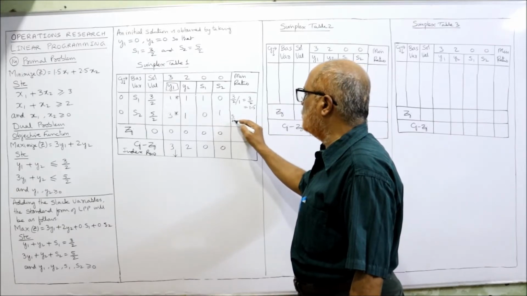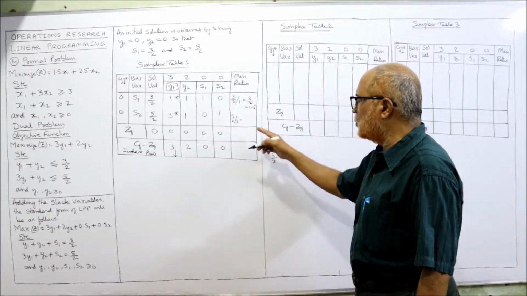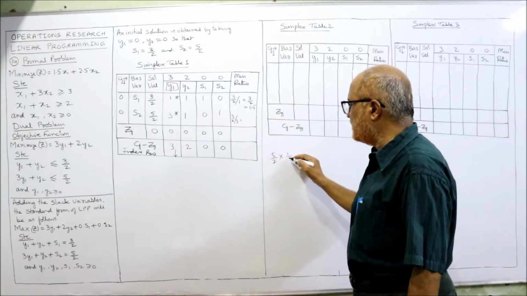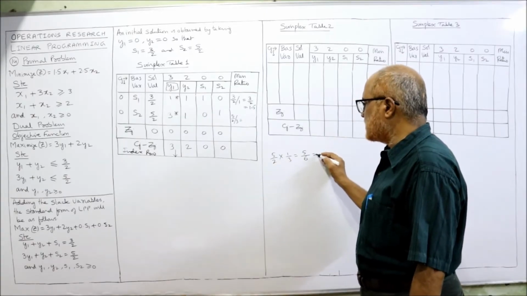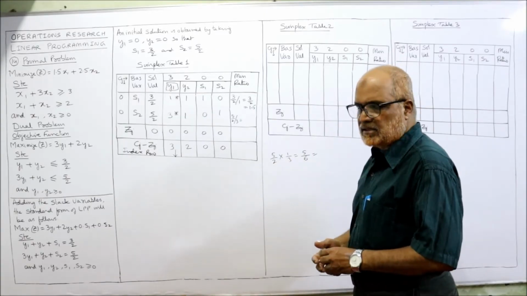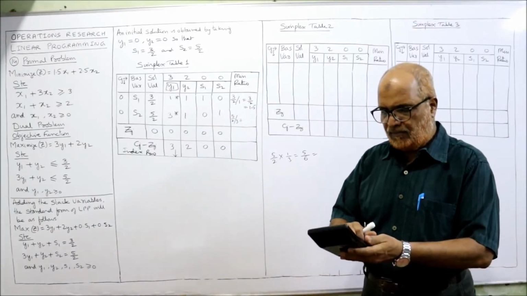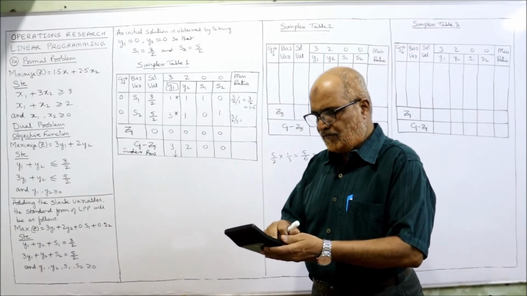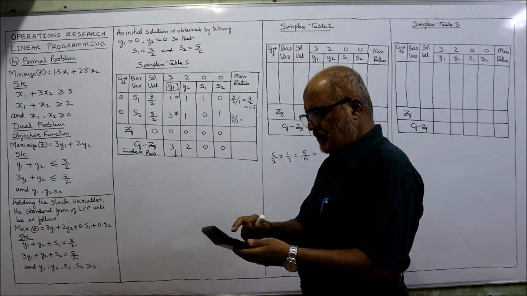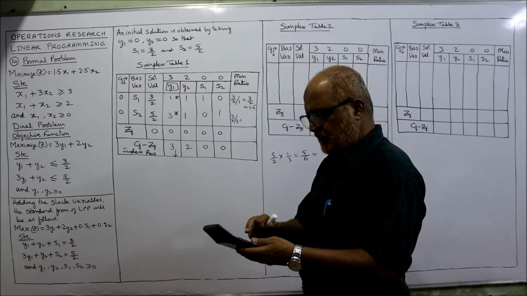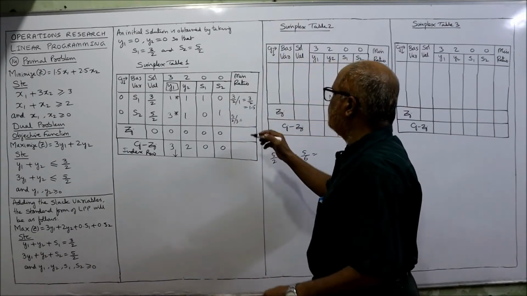So we can write 5 by 2 into 1 by 3, that is equal to 5 by 6. 5 by 6 will become 0.833.